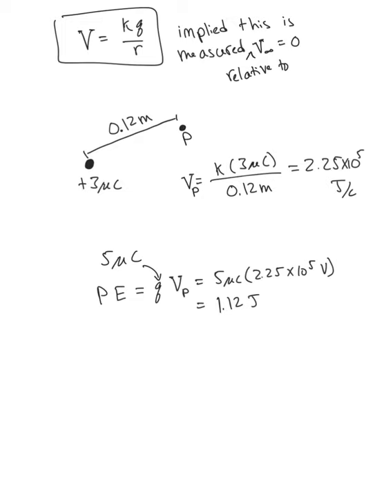Now, if instead we brought in a -7 microcoulomb charge and put it at the same spot, then the potential energy of that system, so now the 5 microcoulomb charge is no longer there.